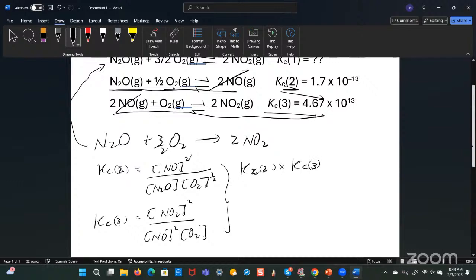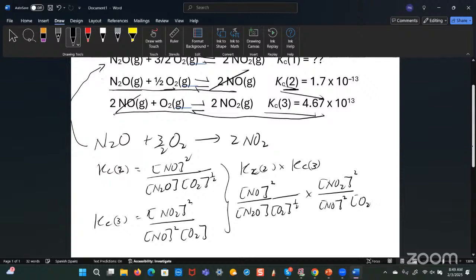You're going to get concentration of NO squared divided by concentration of N2O times concentration of O2 raised to the half, multiplied by the expression for Kc3, which is concentration of NO2 squared divided by concentration of NO squared times concentration of O2.